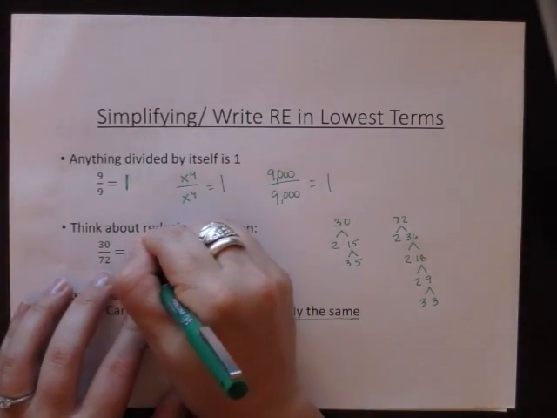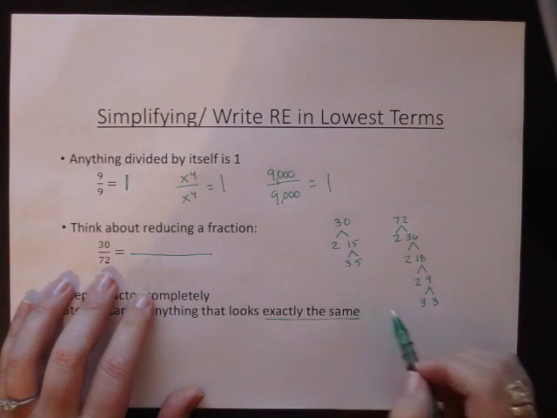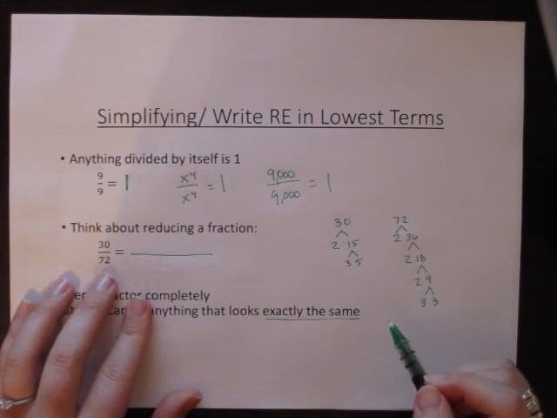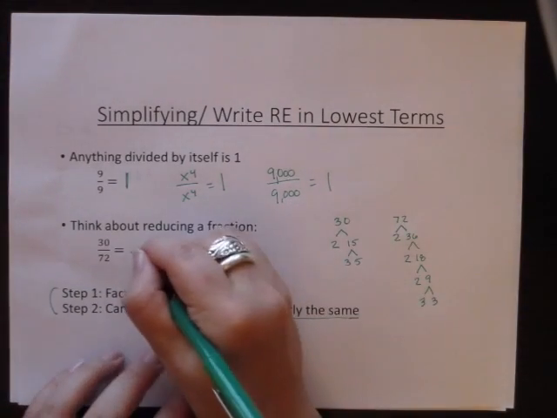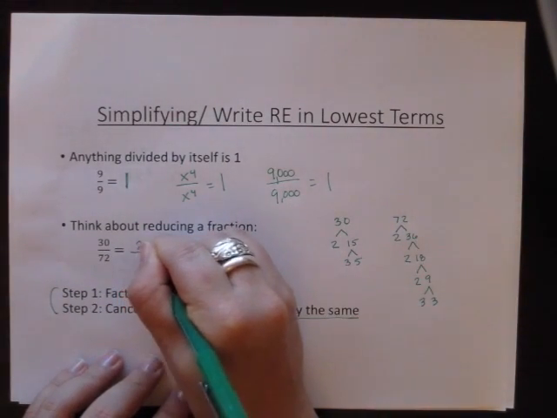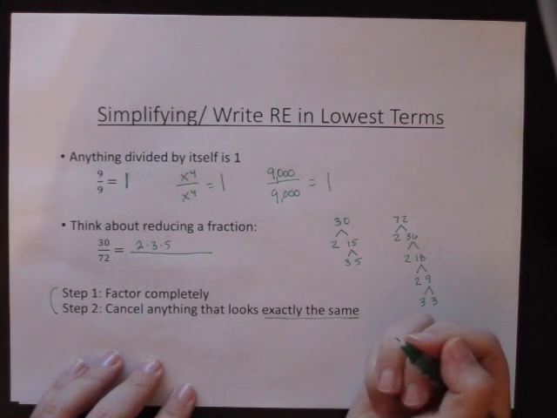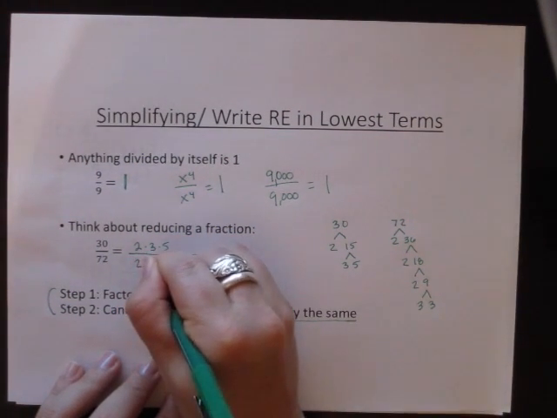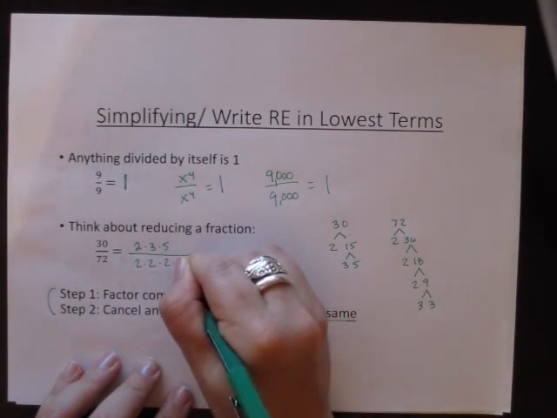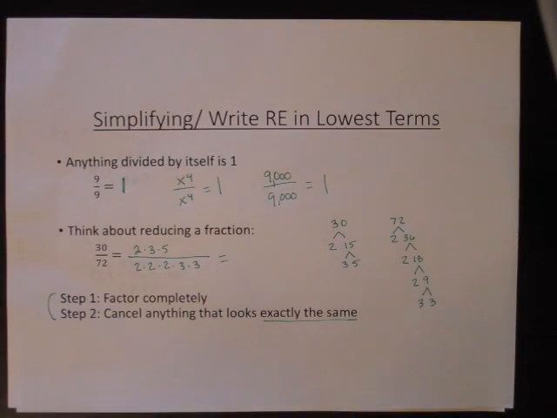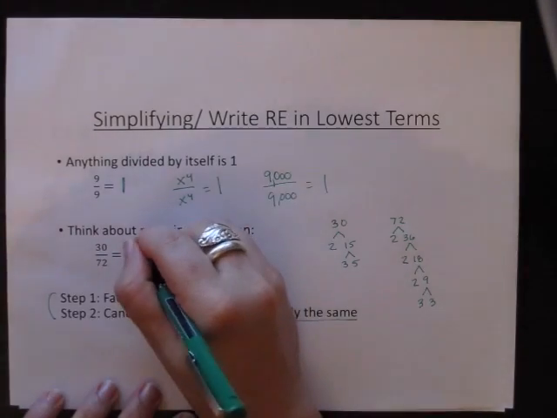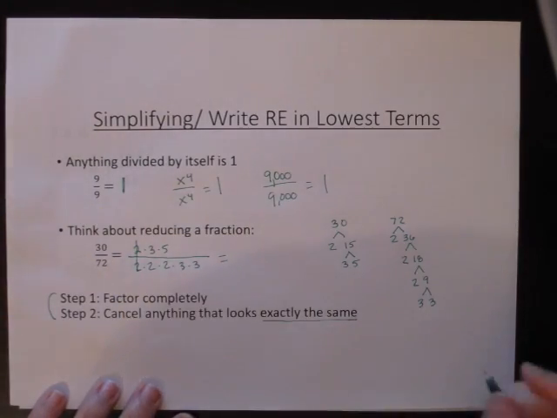So now, since I used my factor tree to find the factors, I want to write those terms out. So I'm going to go 2 times 3 times 5. And then for 72, I'm going to go 2 times 2 times 2 times 3 times 3. Now, step 2 says cancel anything that looks exactly the same. So one group of 2's is completely the same.